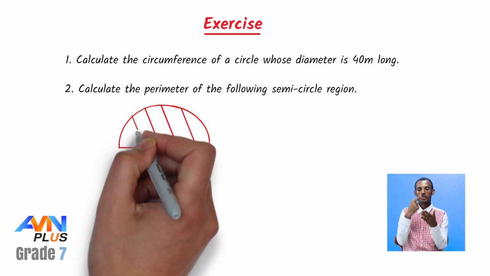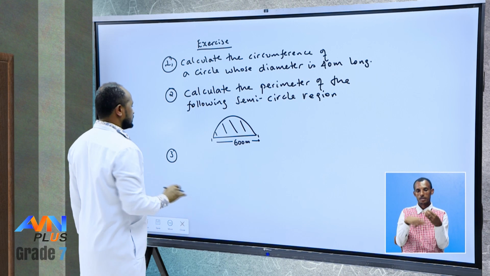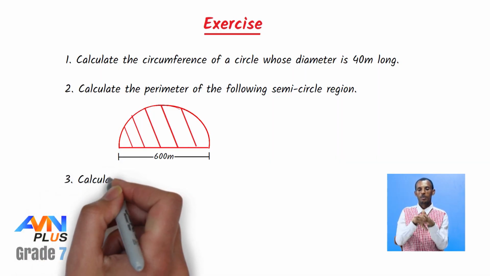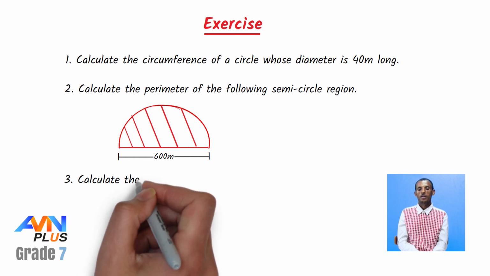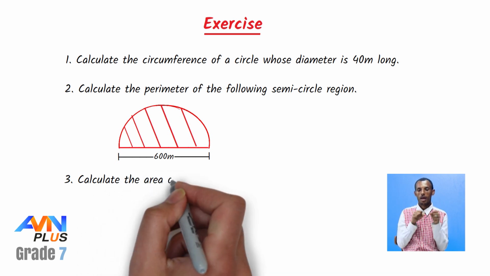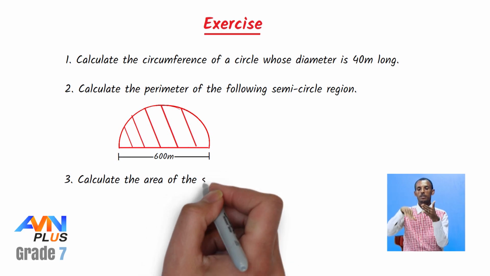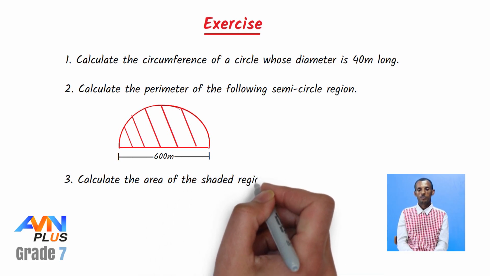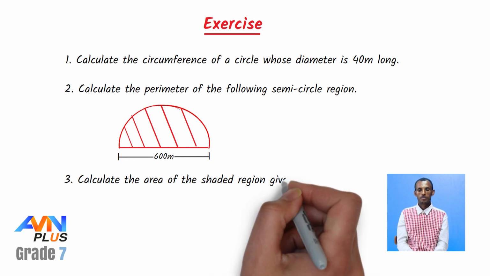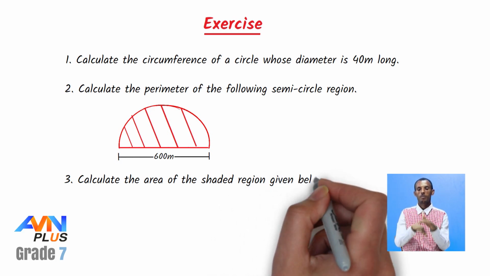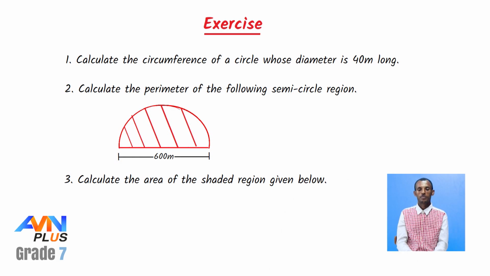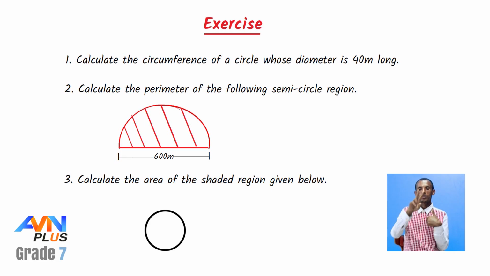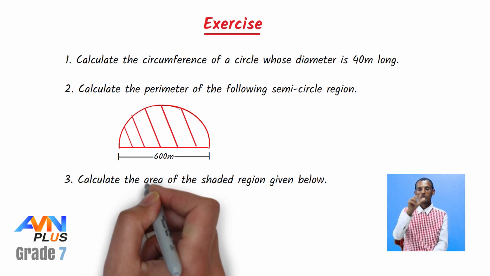Again, one last question. Calculate the area of the shaded region given below. Here you have two circles, the smaller and the bigger circle.